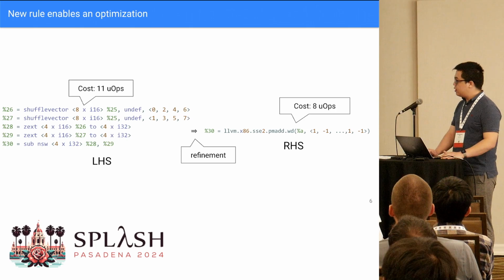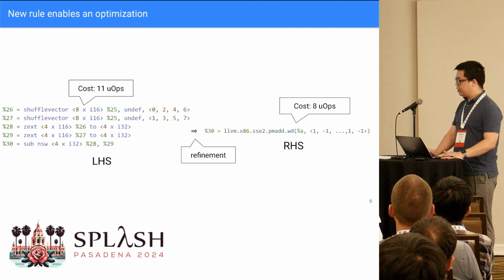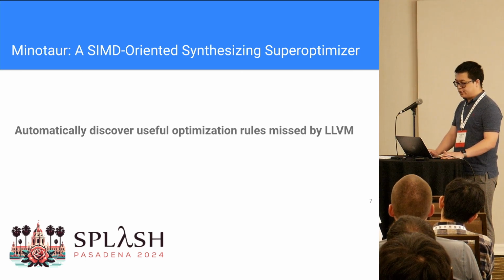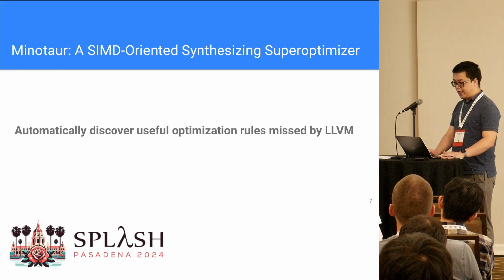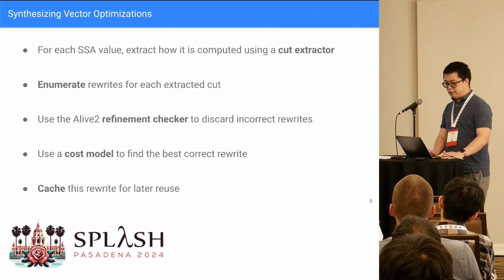For compiler developers, coming up with such rewrite rules may be very tricky. So we developed our superoptimizer to automatically discover useful optimization rules missed by LLVM. Our superoptimizer has 5 different parts.